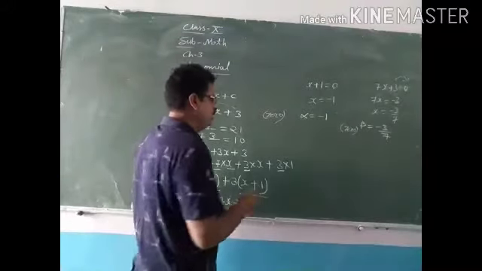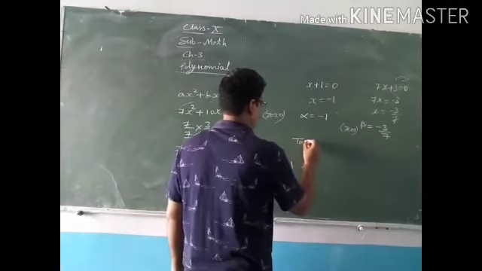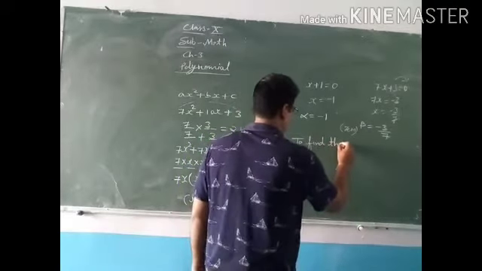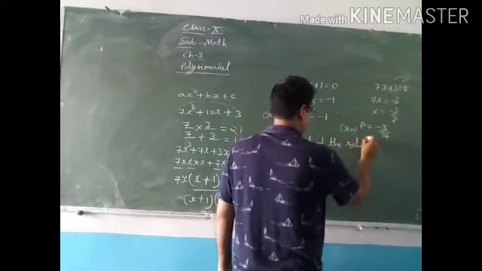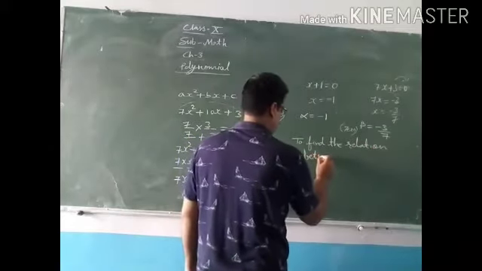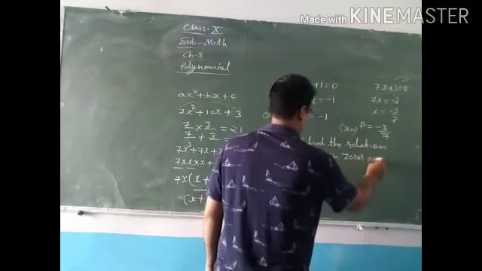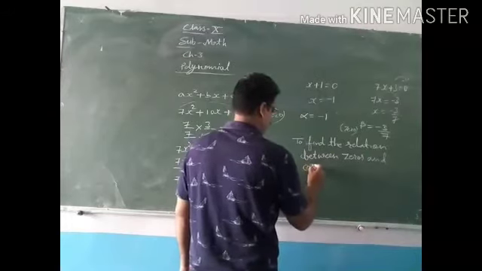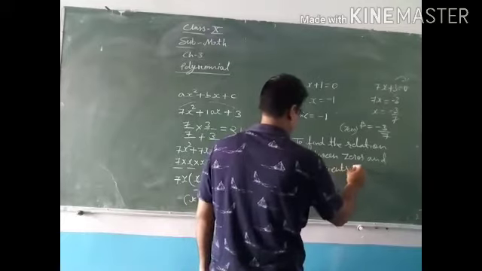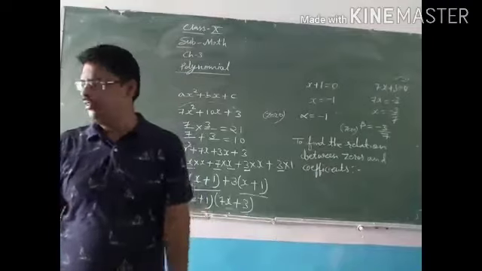For finding the relation between zeros and coefficients, we have to find the sum of zeros.